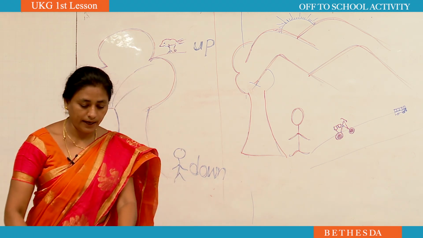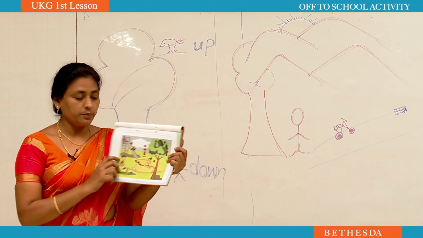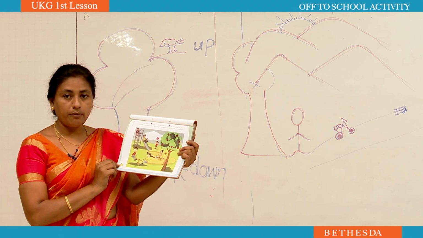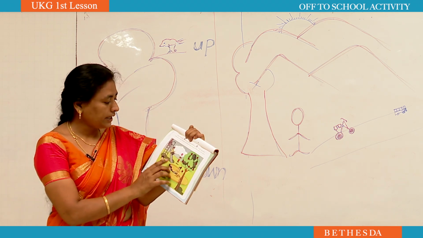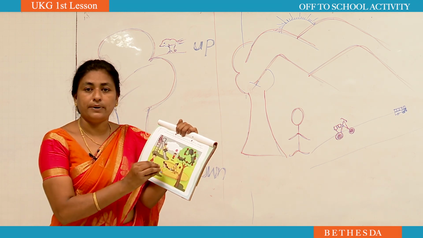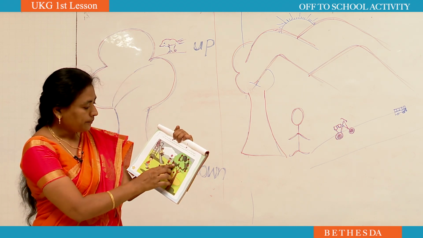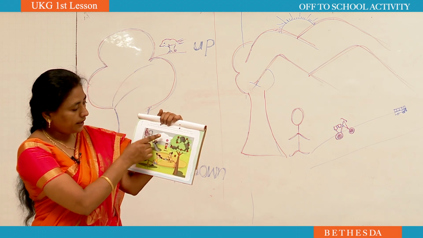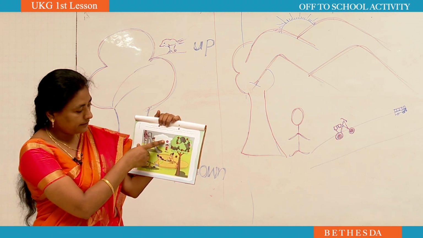In the same way, in this English textbook, open page number 1 and do this activity, Nana. What they are asking, you have to circle which are up, the things which are up. You can see here the boy and the ball. The ball is up here.